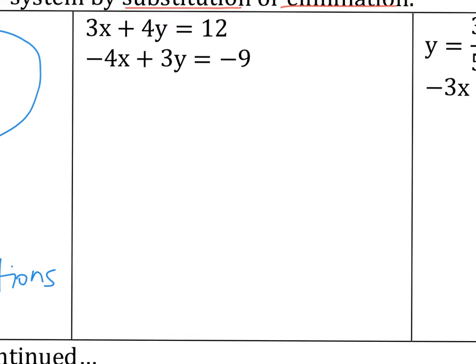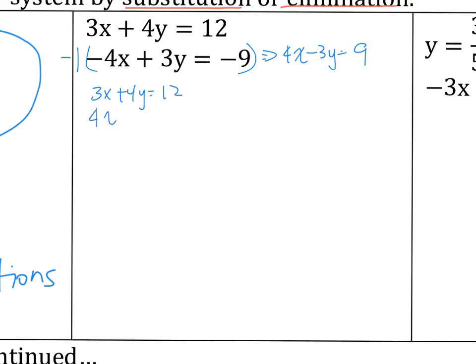And for this next one, I'm going to use elimination. But first I'm going to change all the signs here by multiplying by -1. So this will be 4x minus 3y equal to +9. Okay, I'm going to rewrite these equations. 3x plus 4y equal to 12.